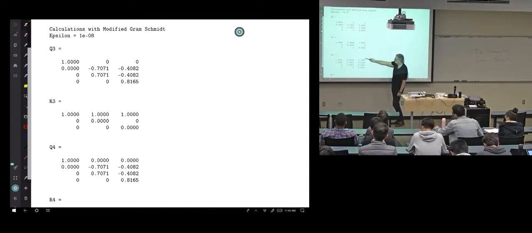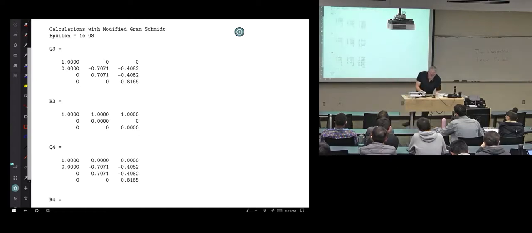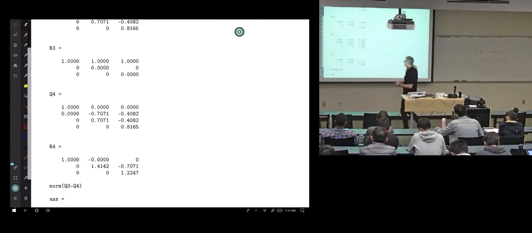And here's the orthogonal vectors for the nicely conditioned representation of the span. So it produces the right orthonormal vectors, and you can still see the original ones were nearly linearly independent because when you do the QR factorization, the rank of this matrix is very poor, but you get the same orthogonal vectors.